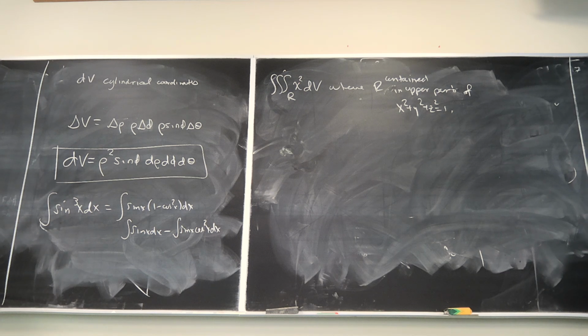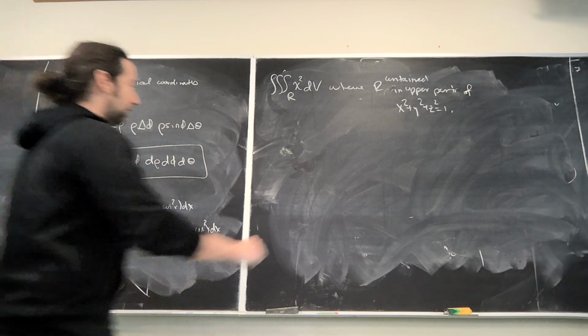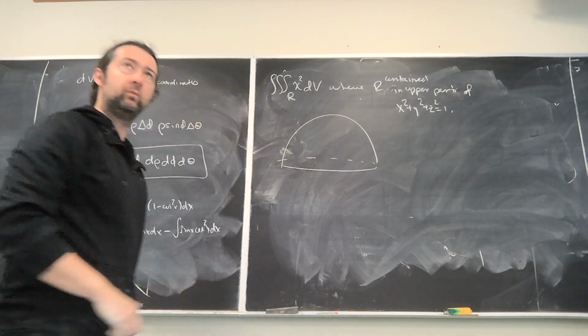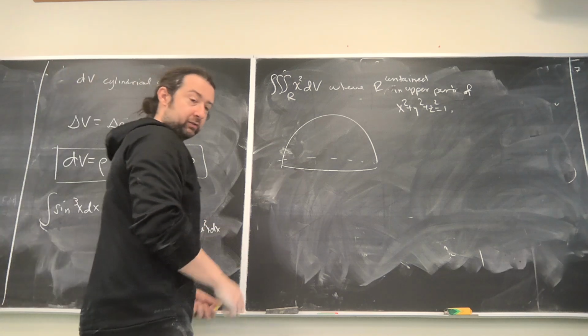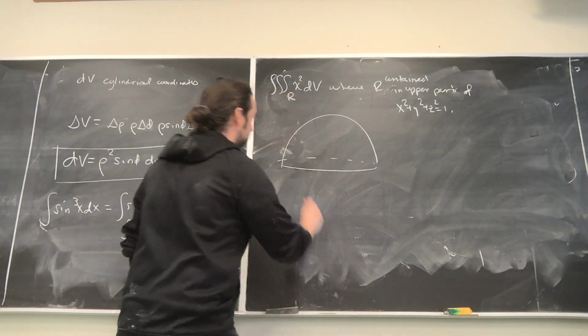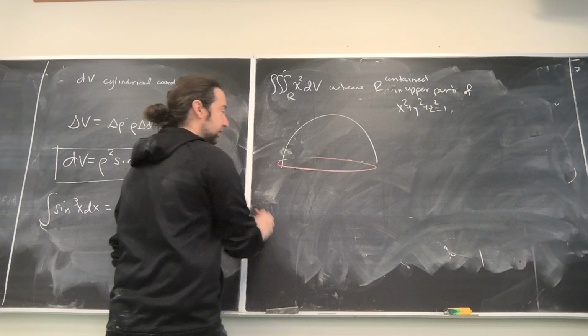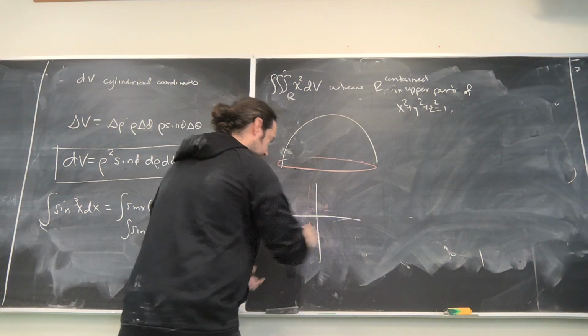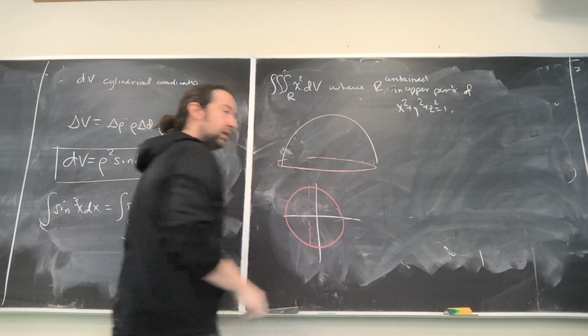Triple integral of x squared dV. I'm going to describe that region as a Cartesian region. So I've got a hemisphere. It sits over this circle, which is a pretty easy circle because that sits over this circle of radius 1 in the xy plane.